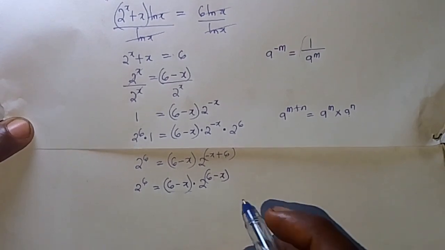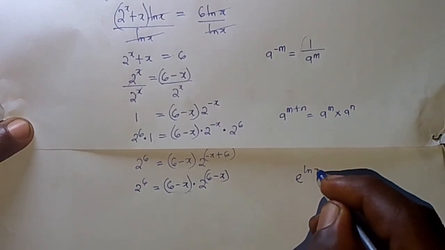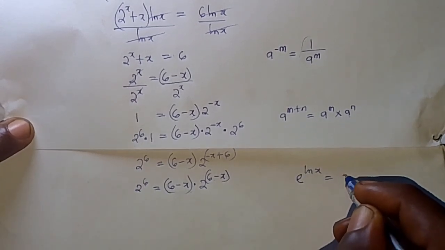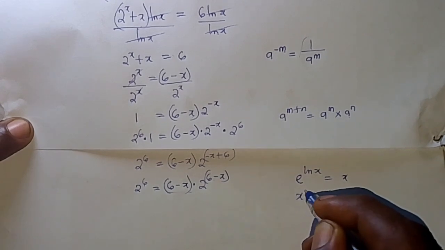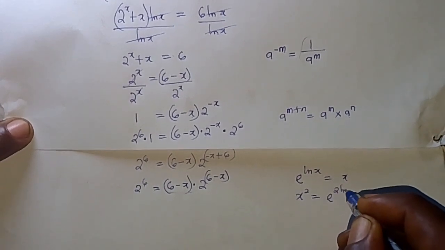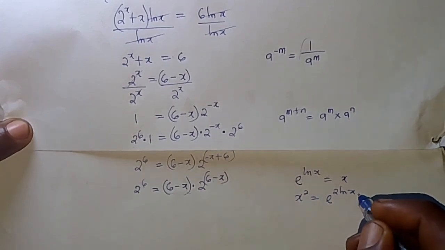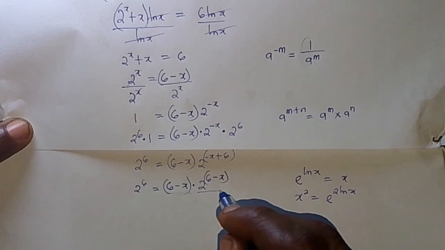So we can recall the law that e to the power of ln x equals x. And if we have x to the power 2, this is the same thing as e to the power of 2 ln x, that is e to the power of the exponent multiplied by the ln of the base. So let's just apply that rule here.